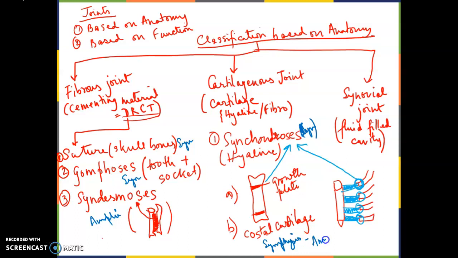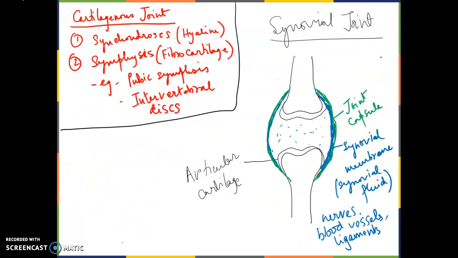So symphysis would be amphiarthrosis. And for synovial joints, know that for all 6 types that we talked about, every synovial joint is diarthrosis.